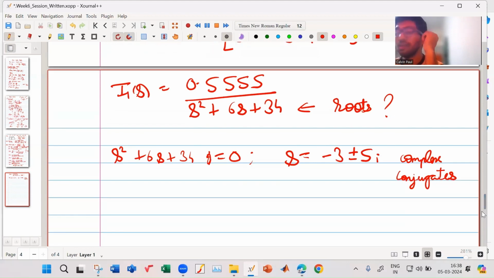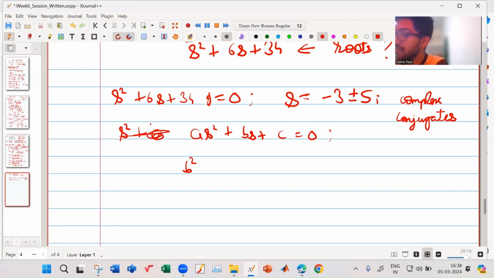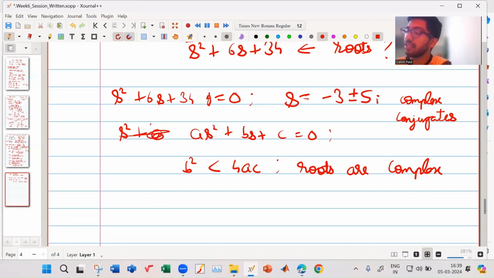So how do you know if there's an equation s square plus bs plus c equal to 0? If b square is less than 4ac, then the roots are complex. This is a condition which you must remember, because in the GATE exam, you will not have the calculator to find out the exact roots. So you must use this condition.